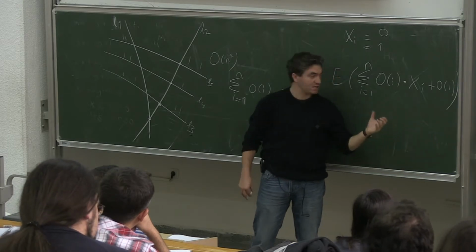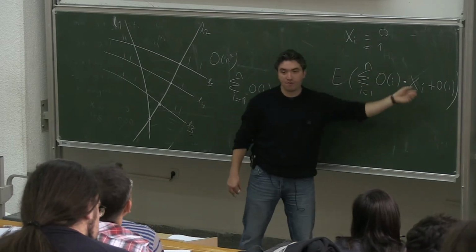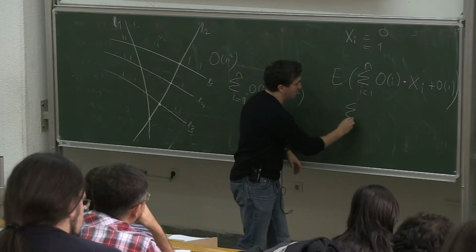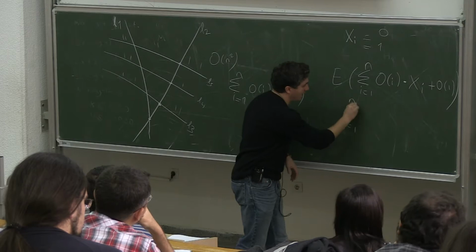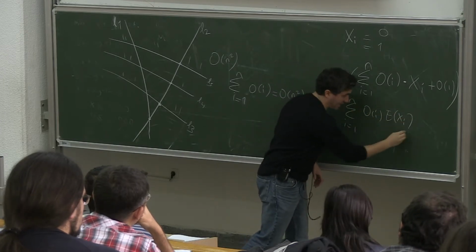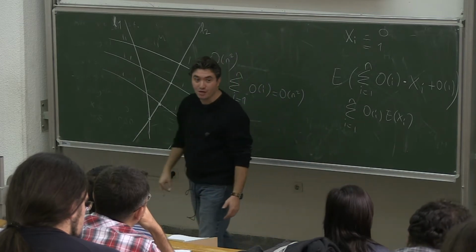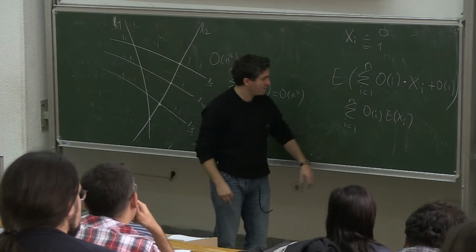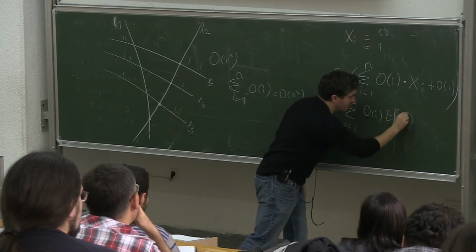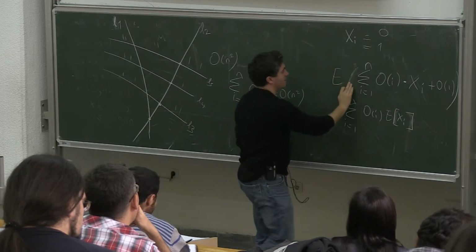So the expected value of the whole thing can be written as the sum for i equal to 1 to n of O(i) times the expected value of xi.